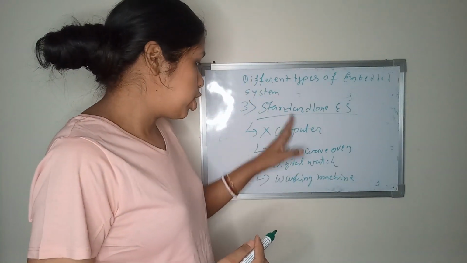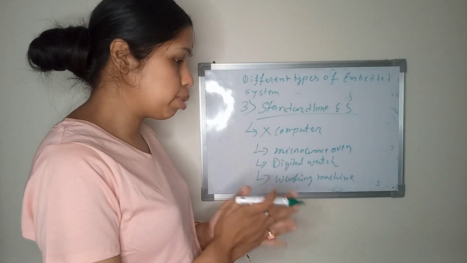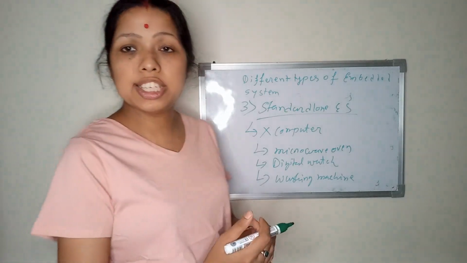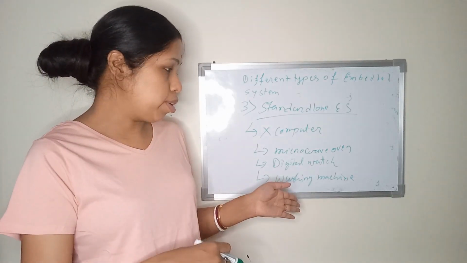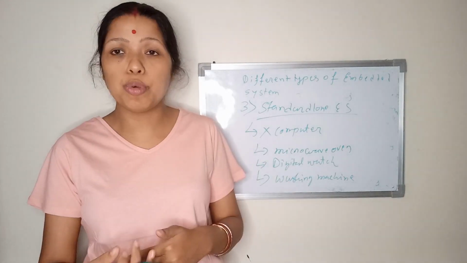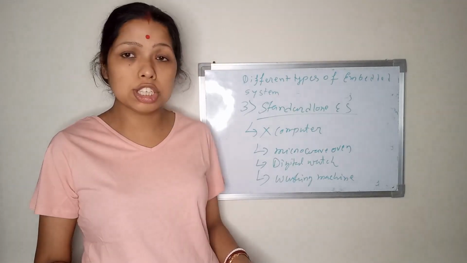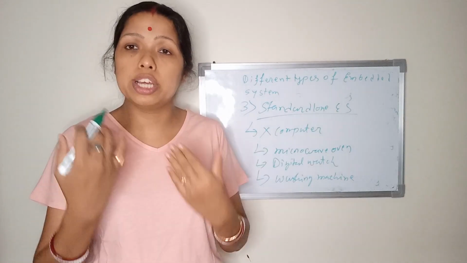Normally, for each and every component some sensor will be connected. We provide some input from our side, and that is transferred into an electrical signal by the sensor. The processor will process and modify the output based on the application. What is the function of a microwave oven, a digital watch, a washing machine? Based on the application, the processor will give the output.